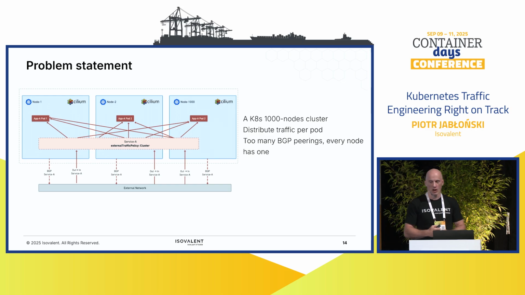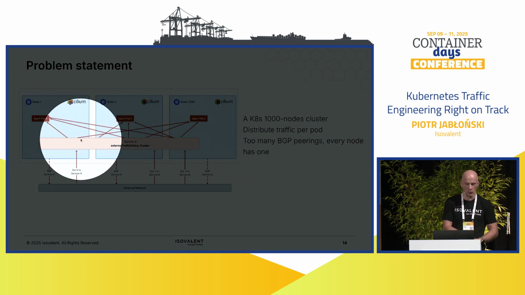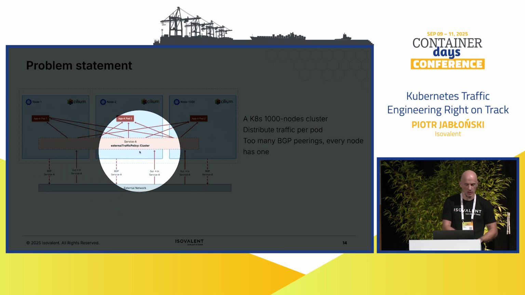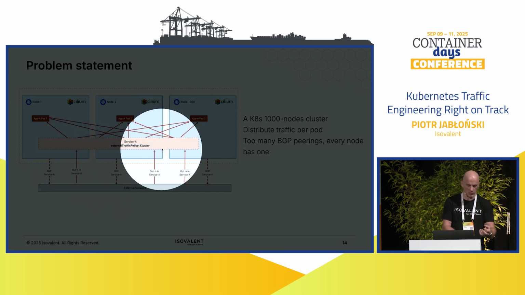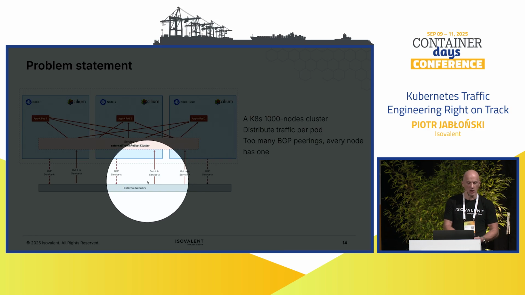So recently, we had a discussion about the real deployment of a Kubernetes cluster composed of 1,000 plus nodes. And the customer is considering how to scale out BGP sessions or advertisement of prefixes, because if some of the nodes have pods on board, how can we set up the connectivity with the external network using BGP?